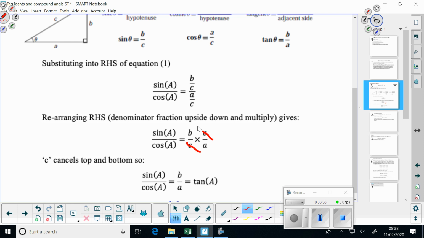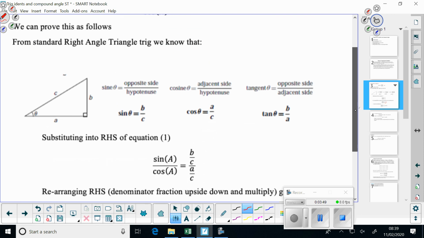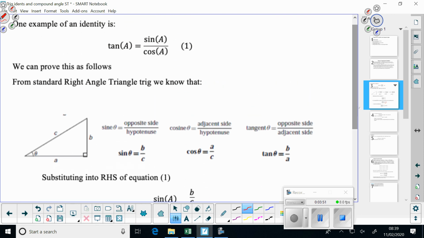And then hopefully we'll get an example so you can see how that works. That's an example of an identity that is always true. Any value, in this case of A, sine A over cos A is equal to tan A. All happy with that? What's meant by an identity?